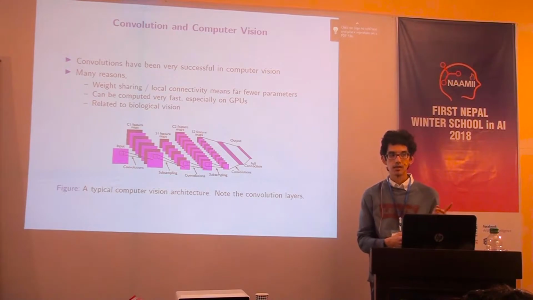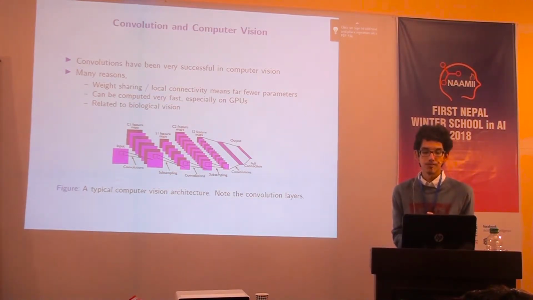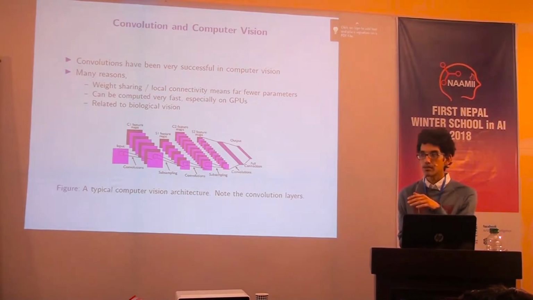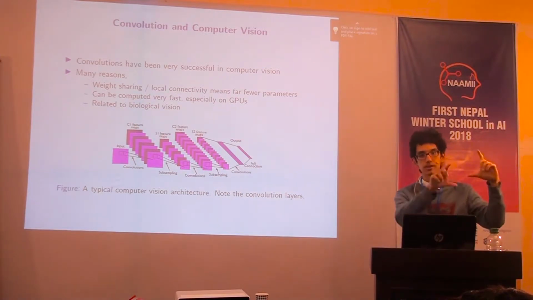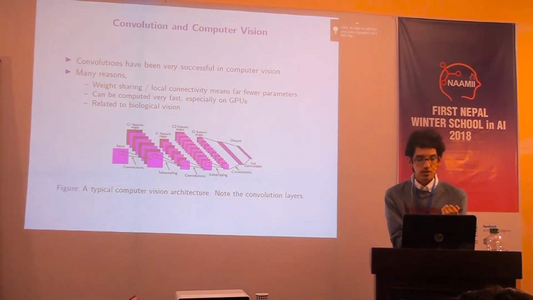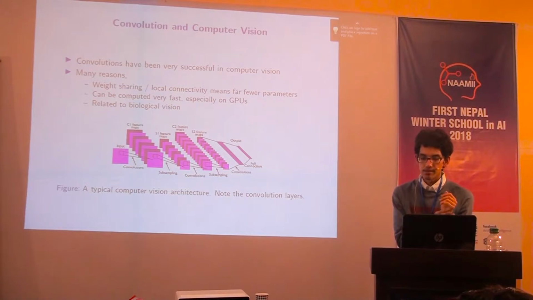It's actually n log n, like the fast Fourier transform. Through these tricks, you can do convolution very, very fast, and it's much faster than doing a matrix times vector product, which is what you need for a fully connected layer. So that's a second important reason why this is pretty successful.